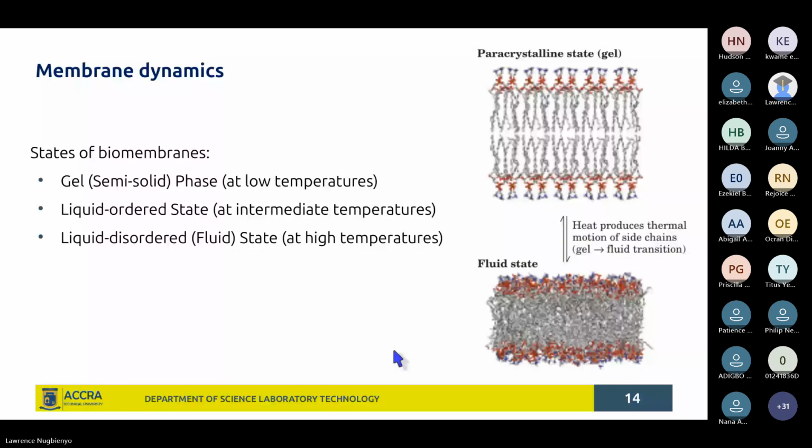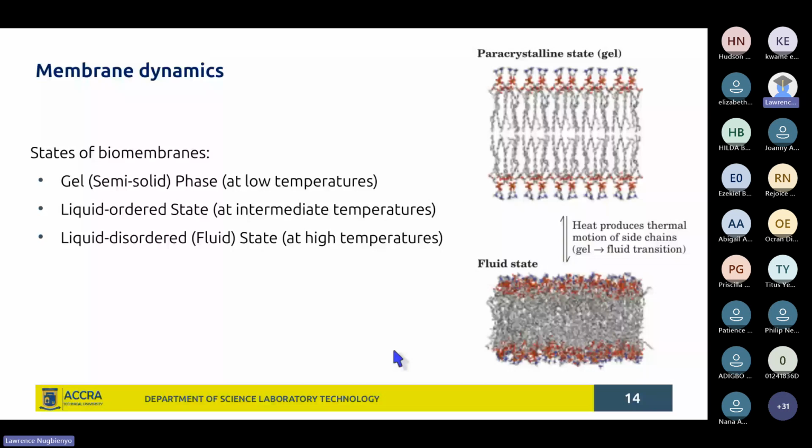Now, with what we just looked at, we can look at what we refer to as membrane dynamics, where we look at movement of the components of the membranes, particularly the lipid components of the membranes.